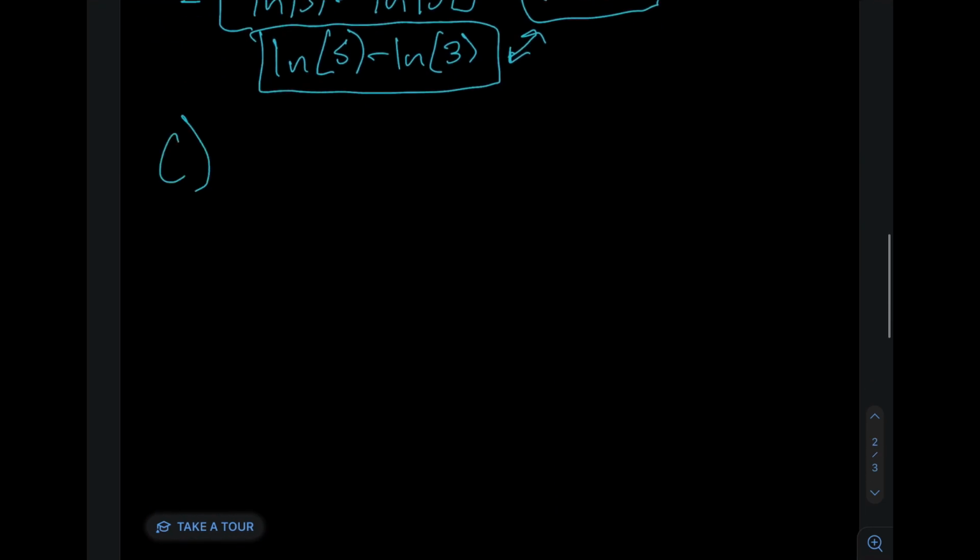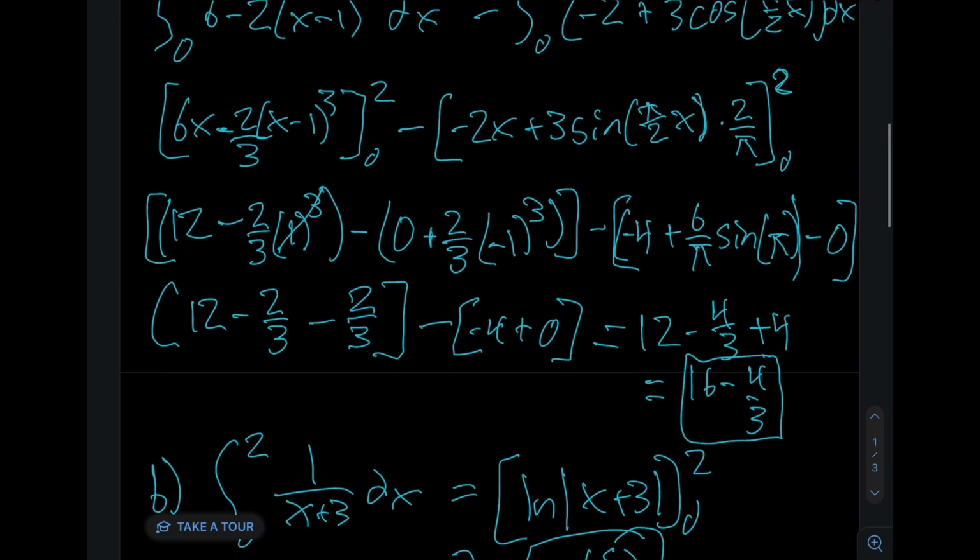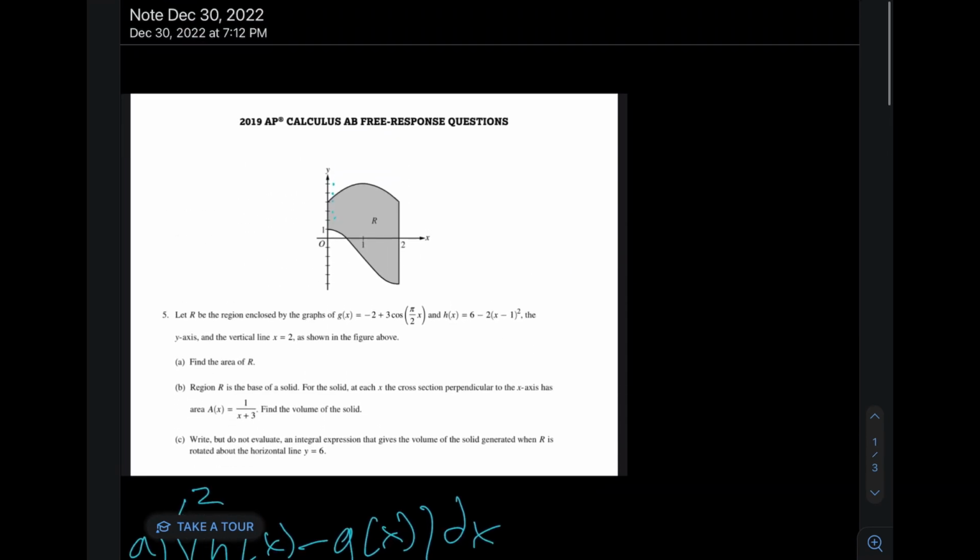So, going down, we now have that picture in mind: there is a hole in the middle that we're going to want to subtract. So we have the volume, and this is going to equal pi times the integral from 0 to 2 of, first of all, we want the general area.